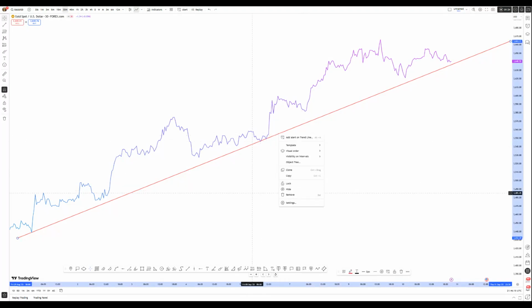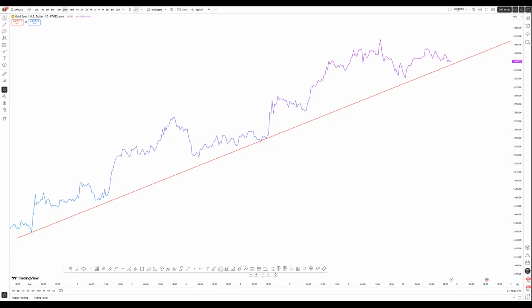And this is now our new ascending trend line. And as well, a demand floor.